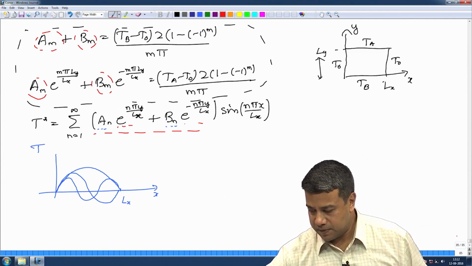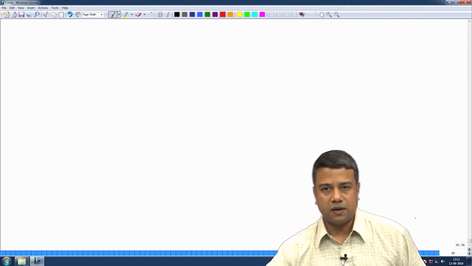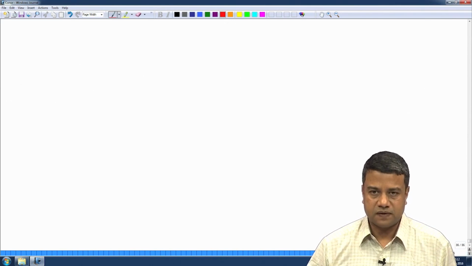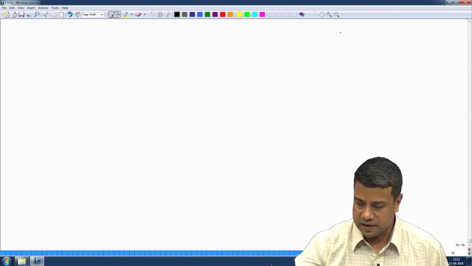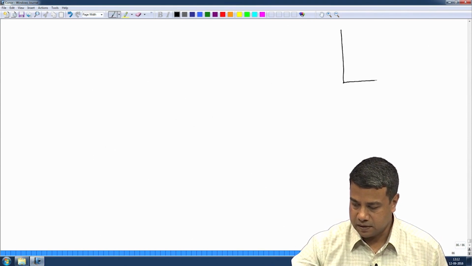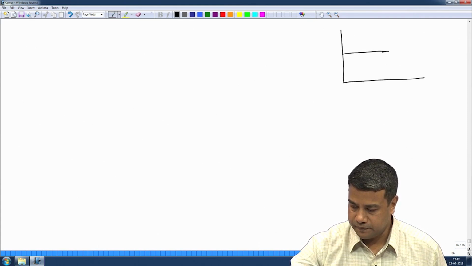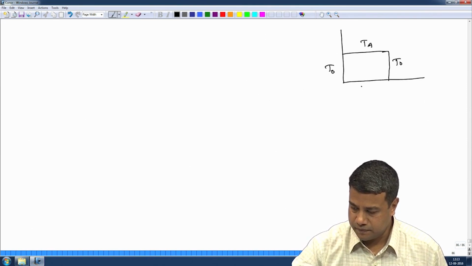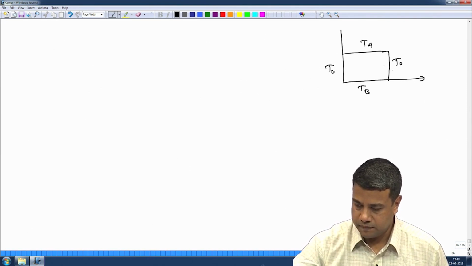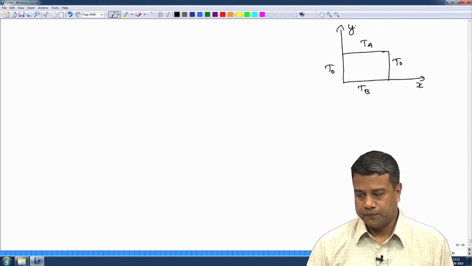Now, you might ask what happens if the equation is not steady. Okay. So, I will just briefly outline the way that you would solve this problem if you are solving for an unsteady equation. Okay.